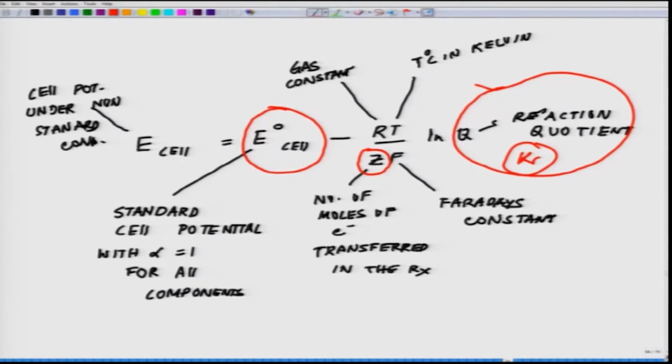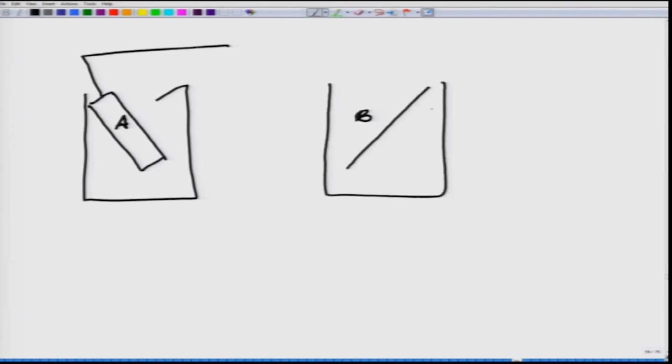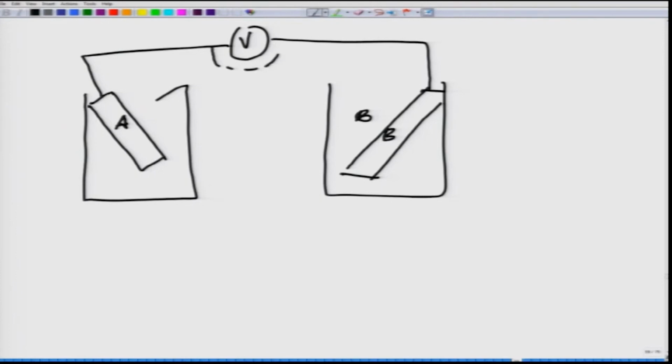But what I am going to highlight here is that, as of now, whenever we talked about cells, say for example, you have an electrode A and an electrode B. Electrode A is something like this, and electrode B is connected to a voltmeter where you are measuring, or you can directly connect it, bypass it.